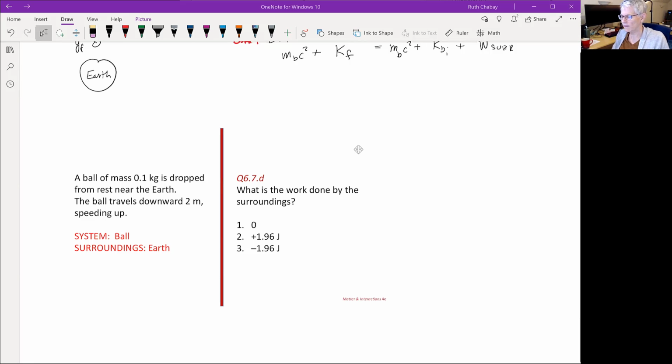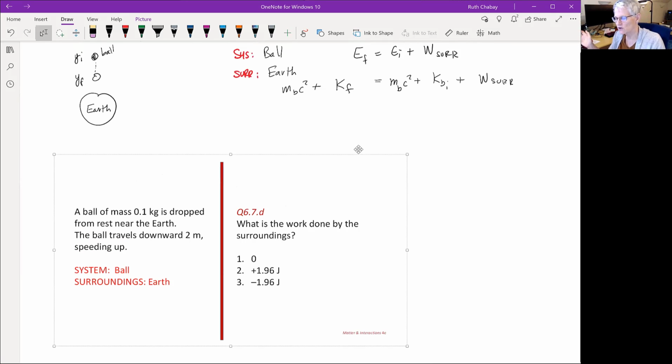What's the work done by the Earth on the ball? Now, think about two things. Think about the relative directions of the force and the displacement. And think about the change in the kinetic energy of the ball, right? These two things are related.